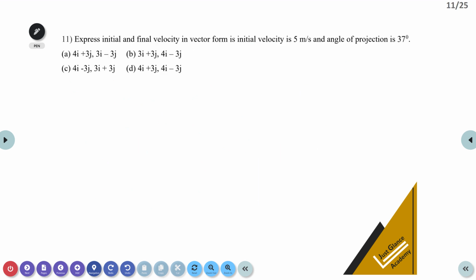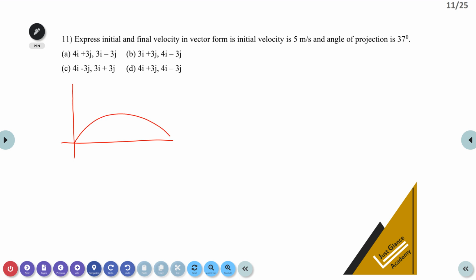11th. Express initial and final velocity in vector form. Initial velocity is 5 meter per second and angle of projection is 37 degree. Okay. Initial and final velocity.